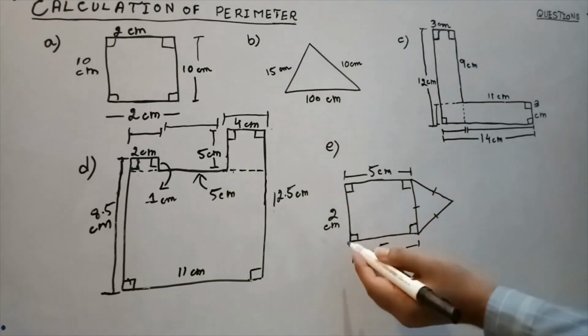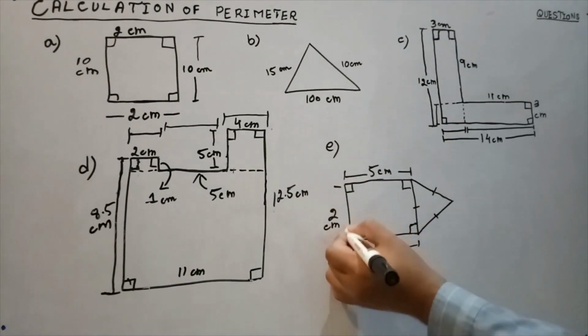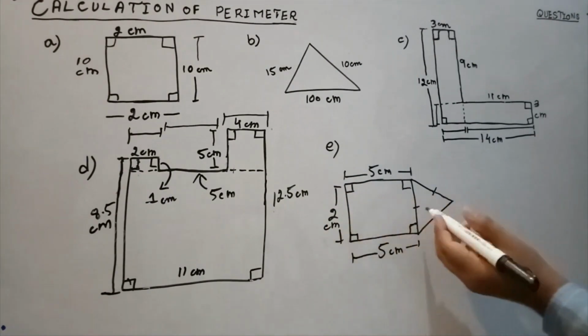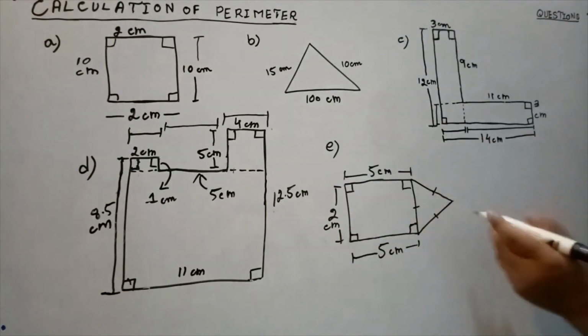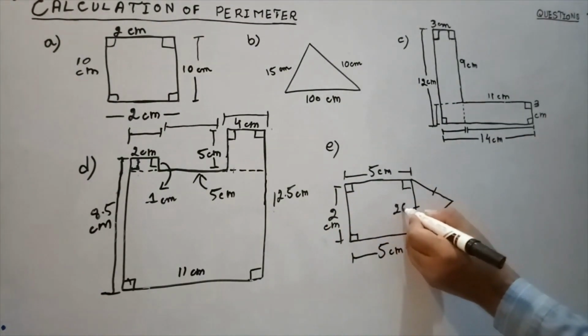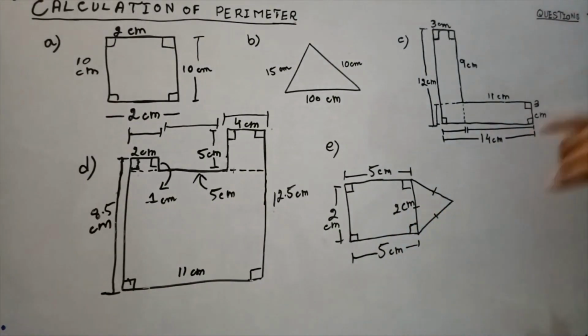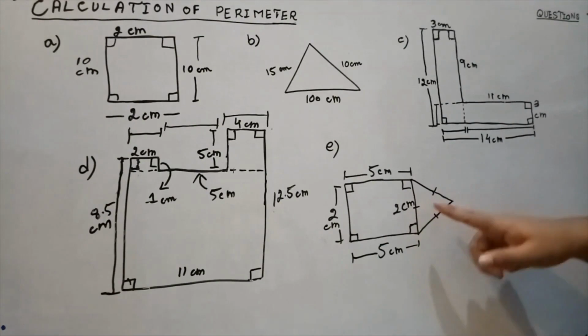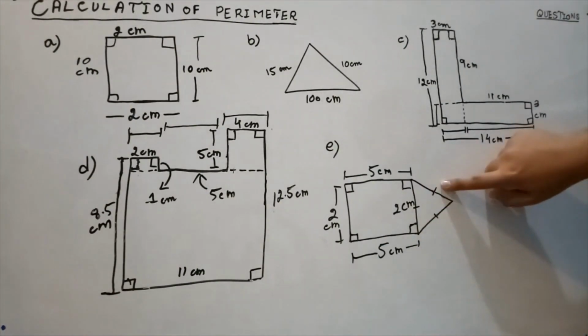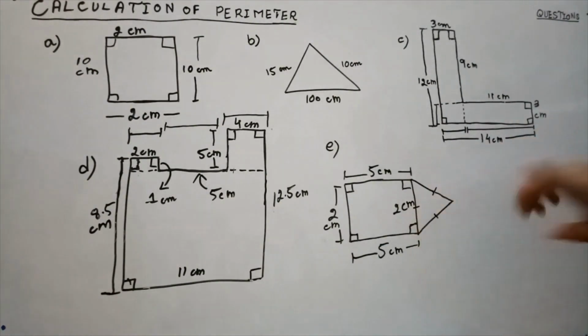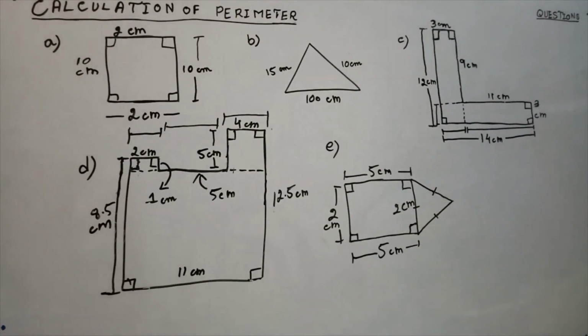This one is 5 centimeters, and this one is 5 centimeters also. And this one is 2, so the opposite side is also 2 centimeters. This is also one side of this triangle. Here you can see the first side, second side and third side of a triangle, and this is an equilateral triangle.